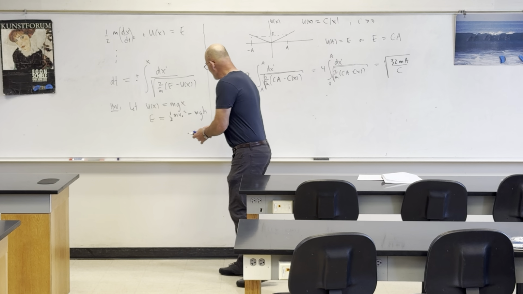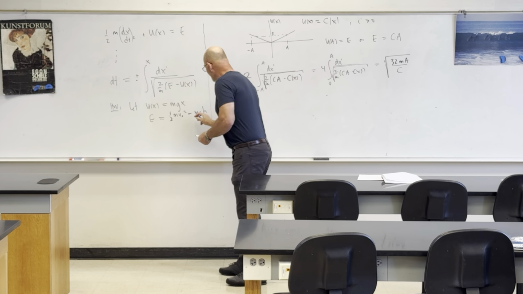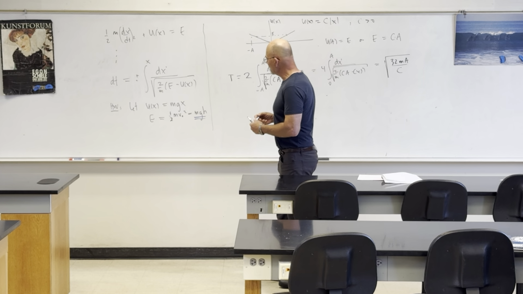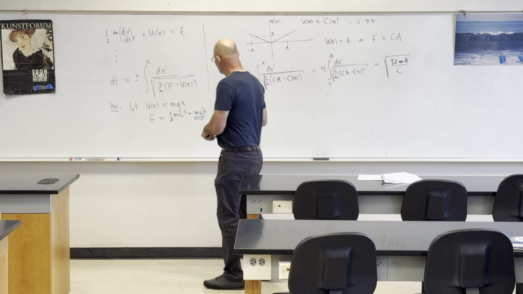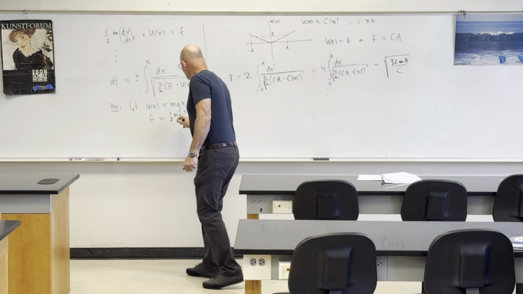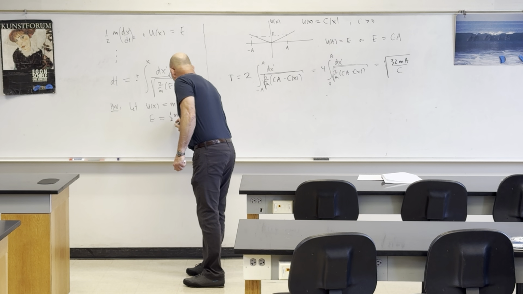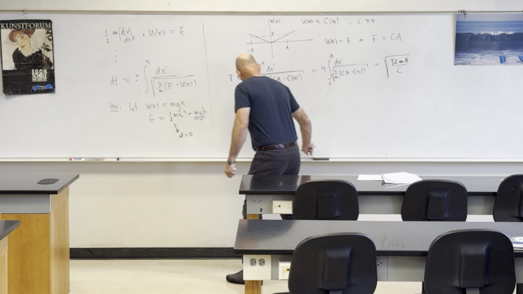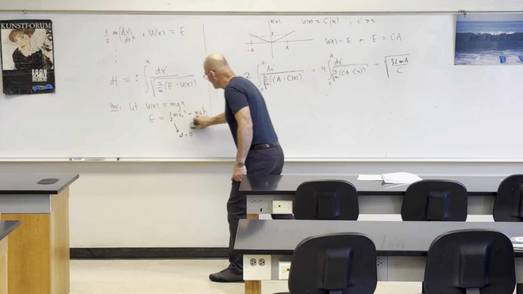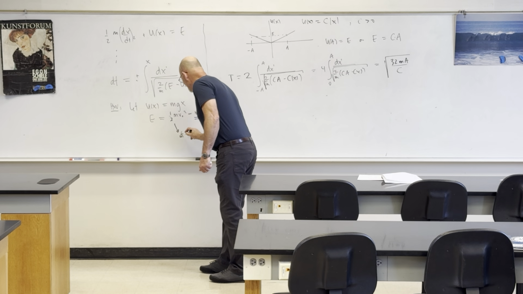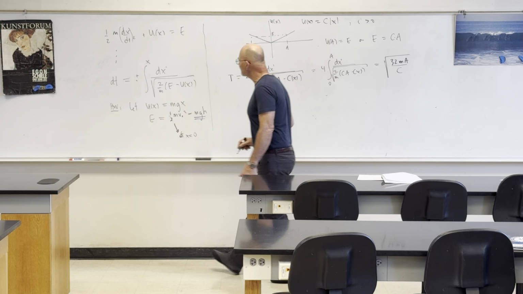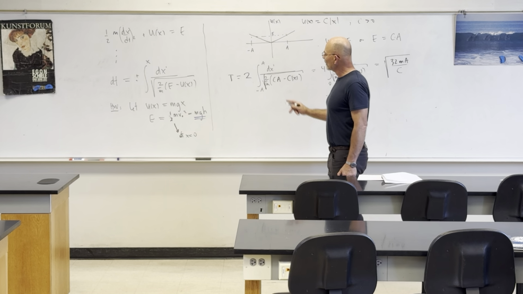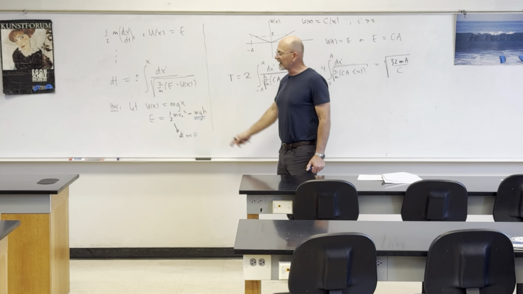So if you go into this integral with here, mgh, this gives us the initial condition at x equals 0. That should be enough information for the result of our integration of this whole thing.